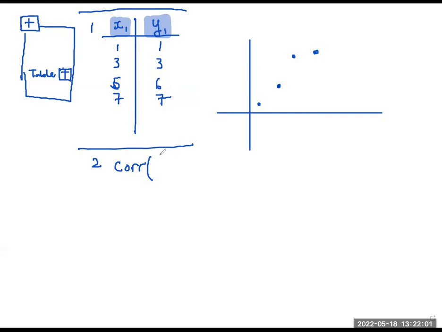And the computer's like, okay, what do you want me to make a correlation of? Type in X1. And if you type in just X1, the computer will automatically put that as a subscript, a mini one.